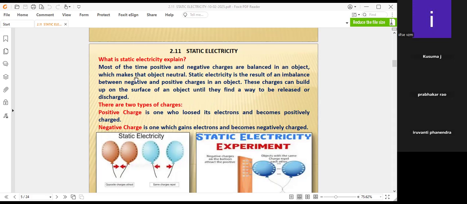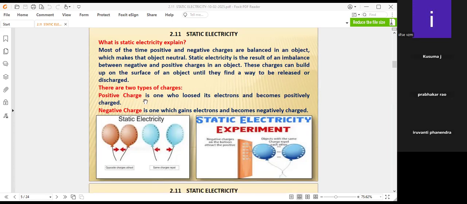That's the clear explanation. One is neutral, another is imbalanced. After imbalancing, the charge finds a way to release or discharge. During the discharge, any object in the path will be at risk. A positive charge means one that loses electrons and becomes positively charged.